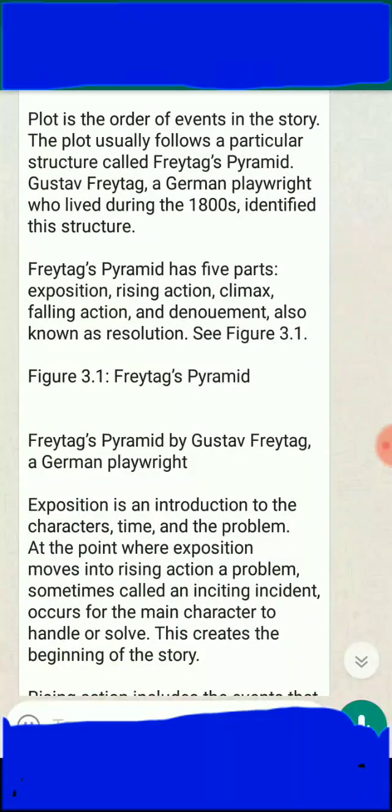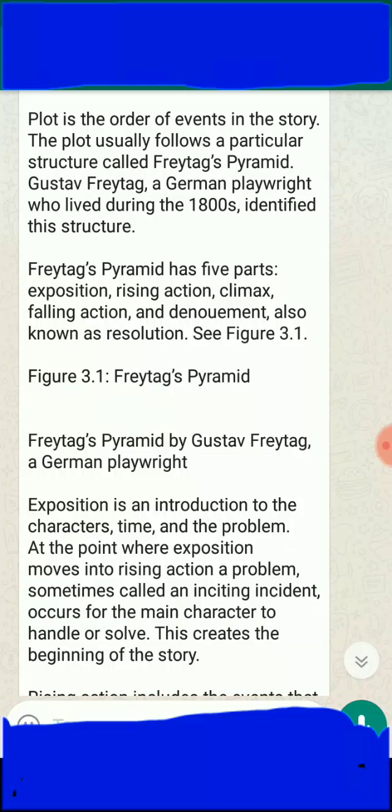Plot is the order of events in the story. The plot usually follows a particular structure called Freytag's pyramid. Gustav Freytag, a German playwright who lived during the 19th century, identified this structure.